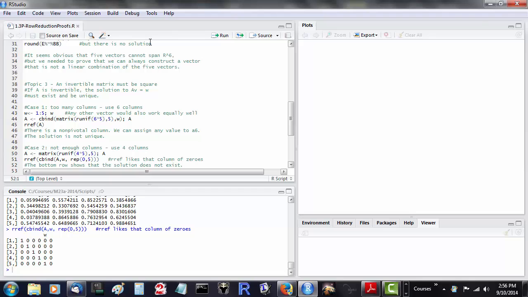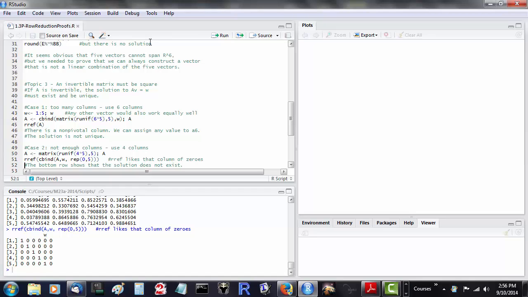But when I look at the bottom row, I see that it means 0 times the first component plus 0 times the second component, and so on, is equal to 1. There's no way that can happen, so the solution does not exist.